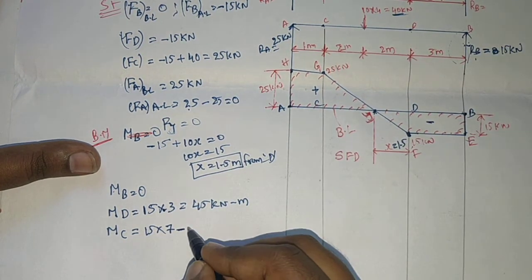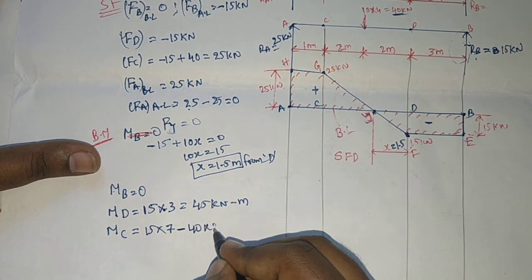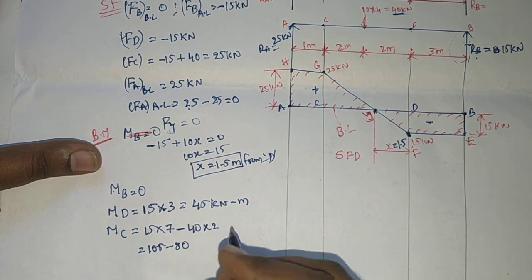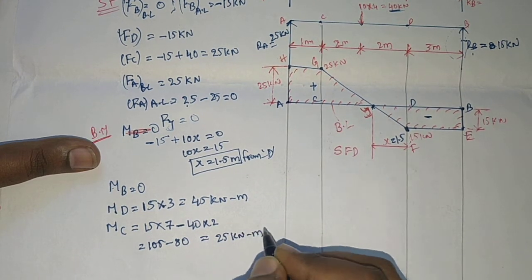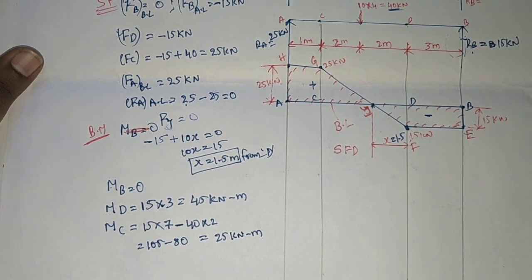From this point to this point is 2, so the value is 105 minus 80, that equals 25 kilonewton meter. Okay, it is the bending moment at point C.